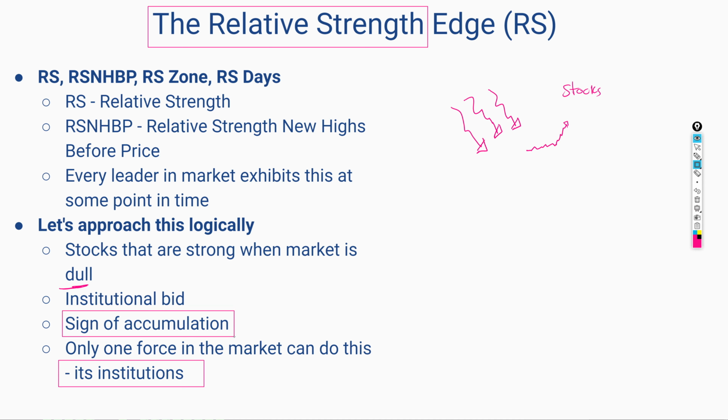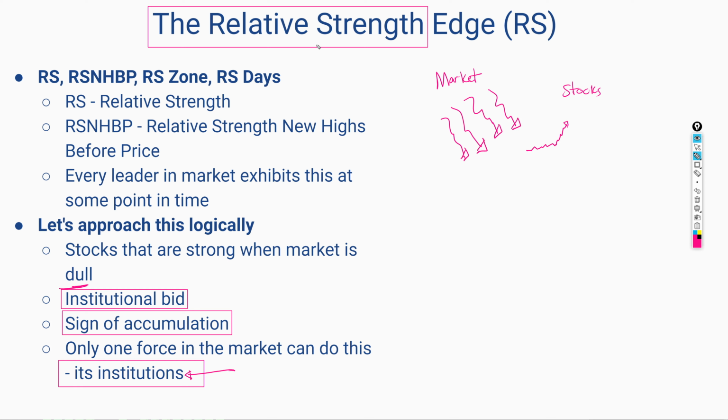It's a big sign of accumulation in the markets, right? And it tells us that this particular name might have an institutional bid, because the only force that could hold up a stock while the market is coming in is institutions, right?